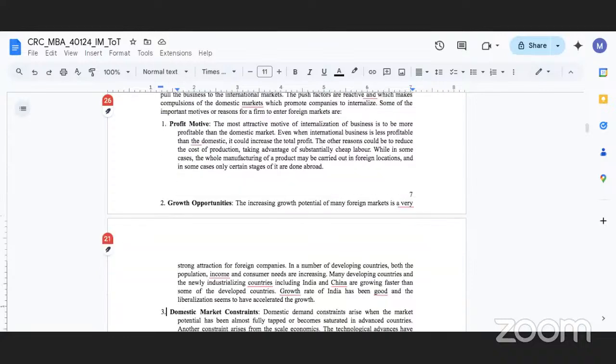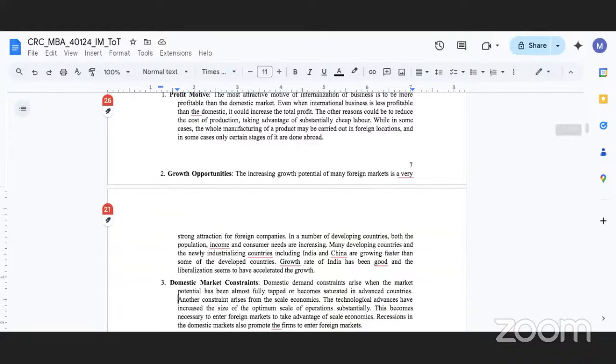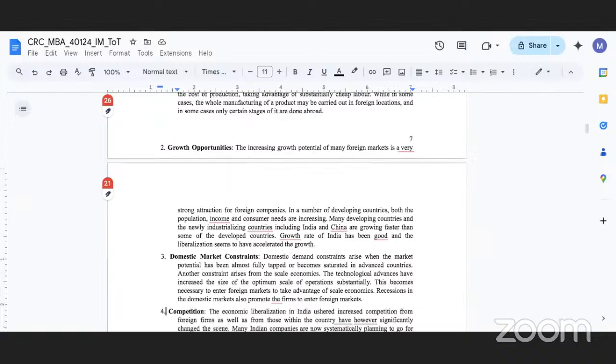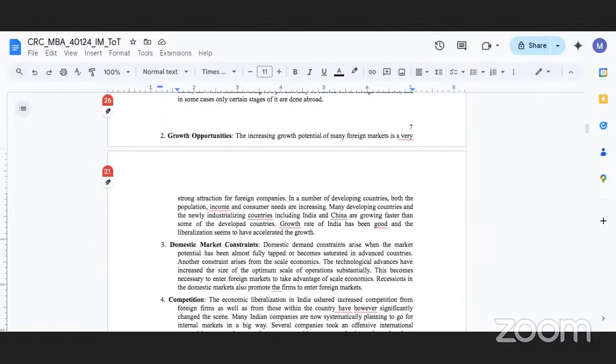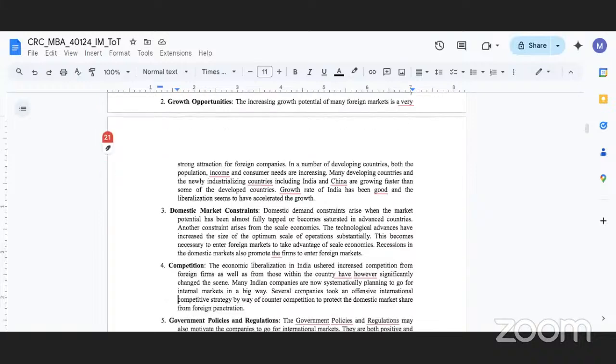The second one is growth opportunities. Now, when I am able to grow my business, I'm not only getting a profit on the products that I'm selling, I'm also able to sell more of my products and maybe sell different types of products. The third one is the domestic market constraints. Now, maybe there are too many competitors here. Maybe my product has become obsolete within my own country, but there are other countries where these products still have a market.